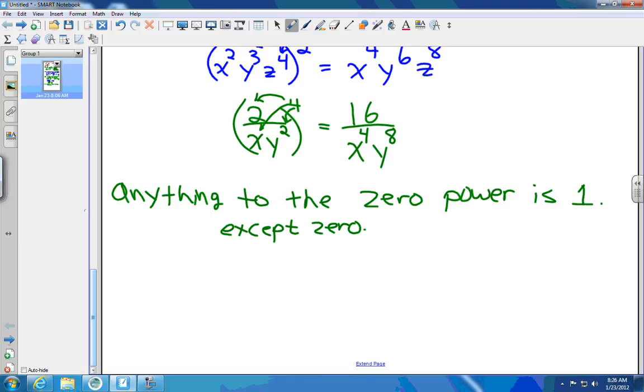Anything else you would ever have is 1. So if you end up with x to the 0 power, you got to know that's 1. The other thing they'll trick you up with, they'll put a whole bunch of stuff in here, and then they'll have all of that taken to 0. What would that be? Well, anything to the 0 power is 1.